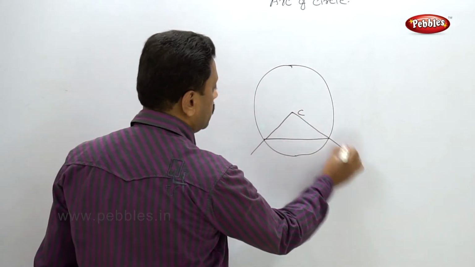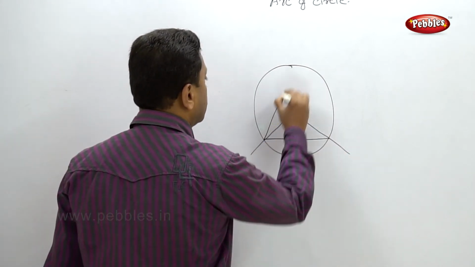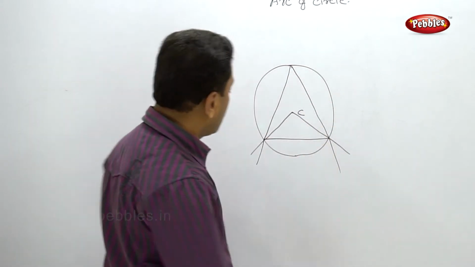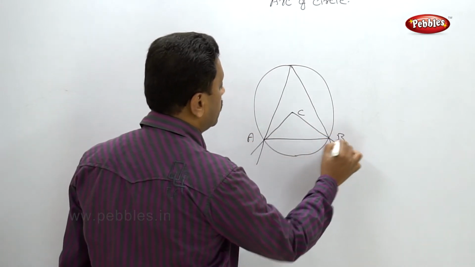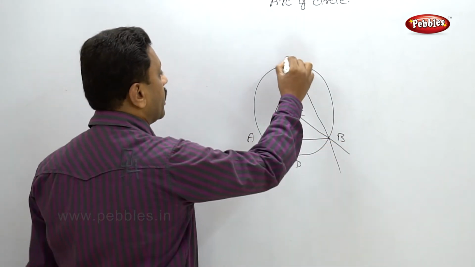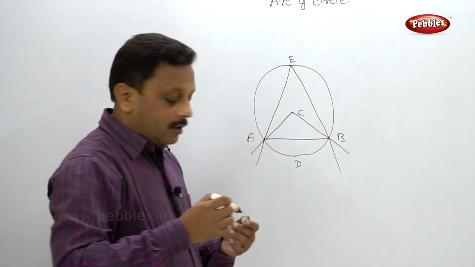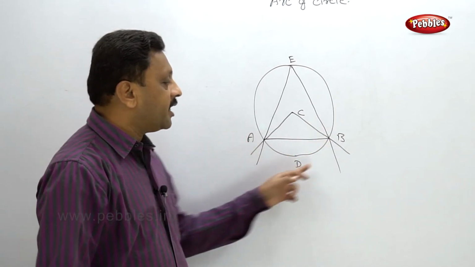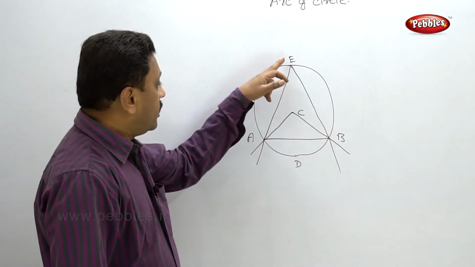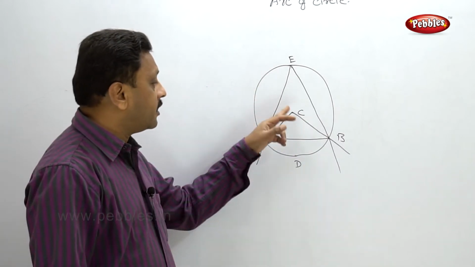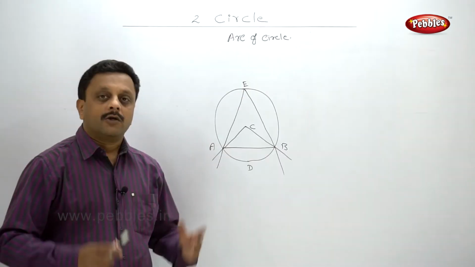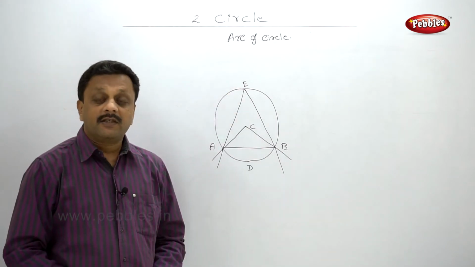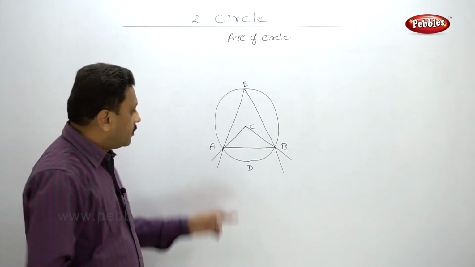Suppose this is an angle, and here I'll give names A, B and D, and here it is E. So in short, you know that this is the intercepted arc ADB, intercepted by two angles. Angle E is also intercepting this arc, angle C is also intercepting this arc. So I will call angle E, that is AEB, an angle subtended by this arc.